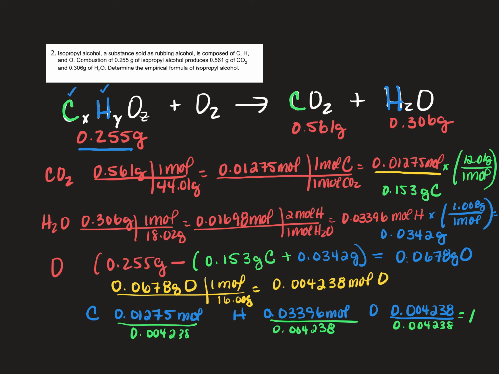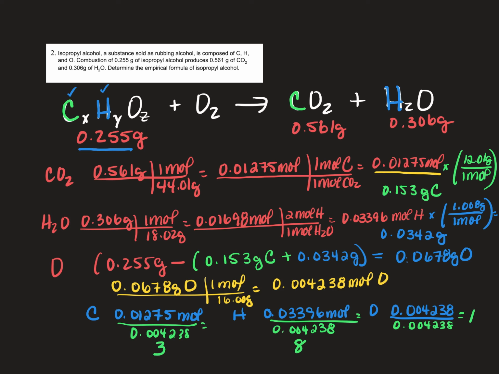So I have 0.03396 divided by 0.004238. That gives me 8. And then for the carbon, I have 0.01275 divided by 0.004238, and that gives me 3.